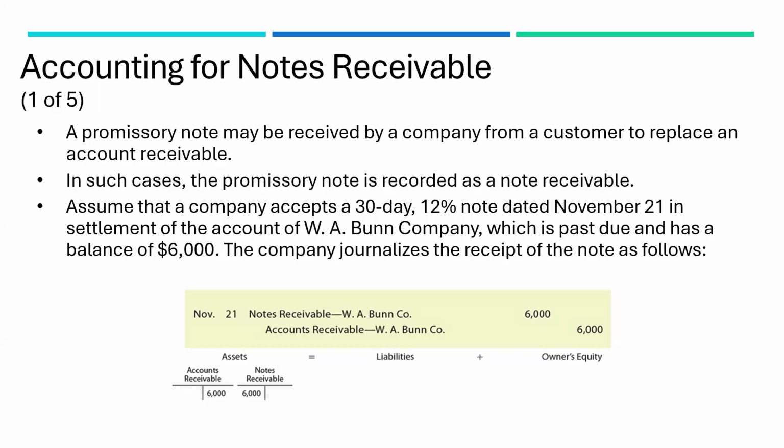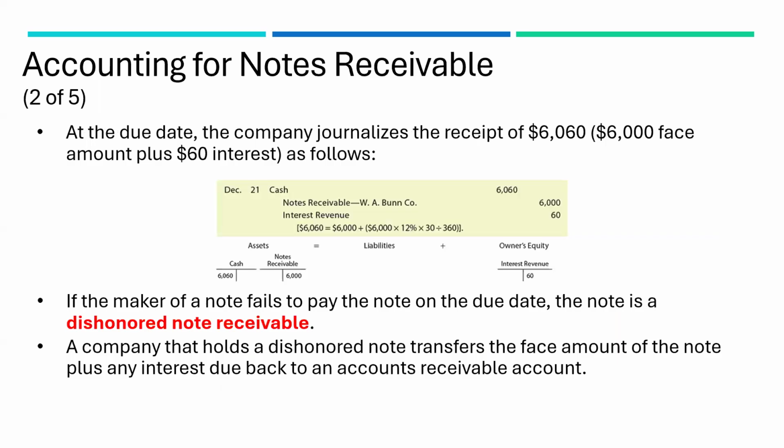And then you multiply that by the 30 days, and we get $60 in interest revenue. And so that's going to be a credit in our journal entry when they pay it back. So we have our initial note of 6,000 as our credit. Our interest revenue is our credit. And then our debit is the total amount of cash that the customer pays, which is $6,060.